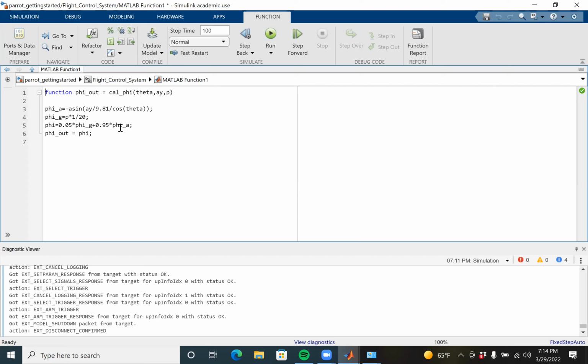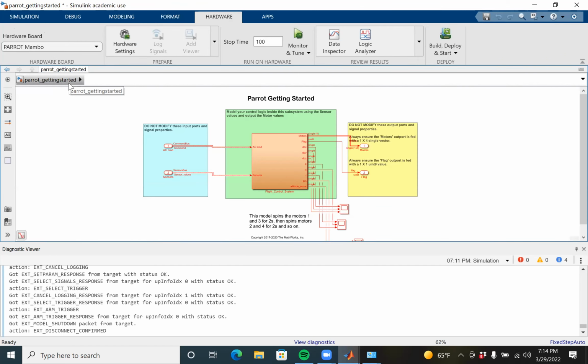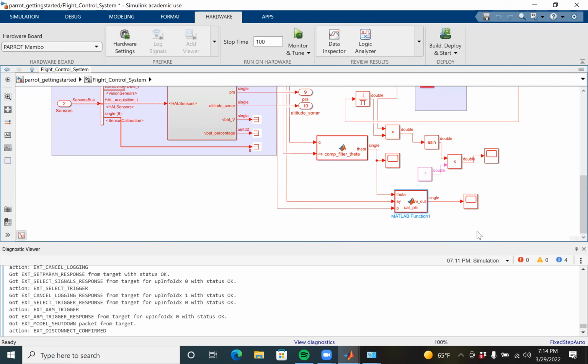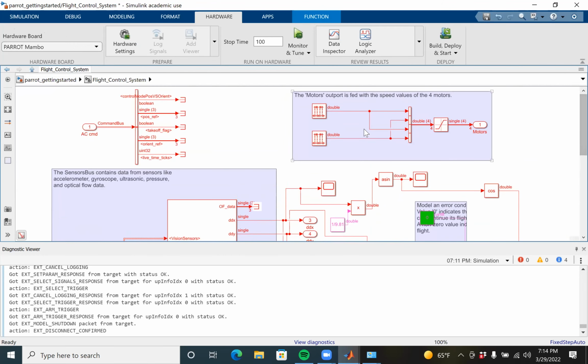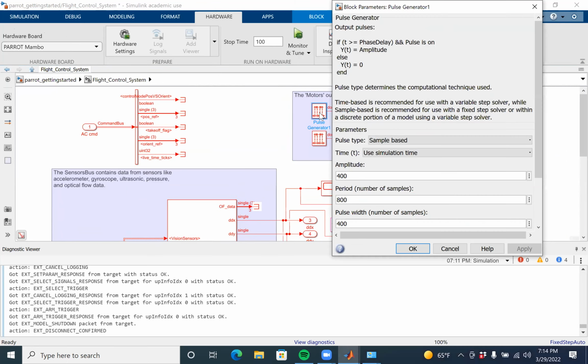Now, how would you implement this into the stabilization algorithm? I just have 1 minute, but I'll show you, and please try this. So here you have this motor mixing algorithm. If you look at the motor mixing algorithm, you are actually generating the pulse width modulation.